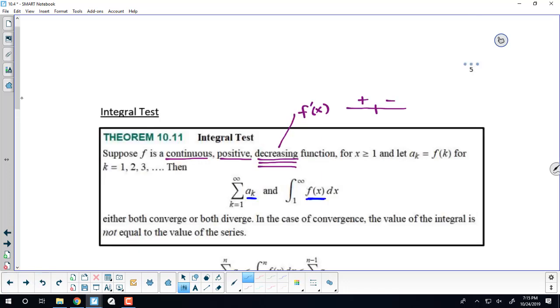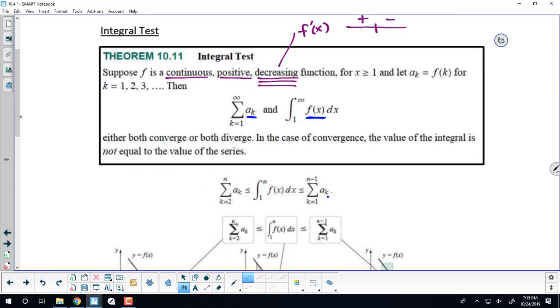So I'll go back and make a note here. So this has to match that lower limit. All right.